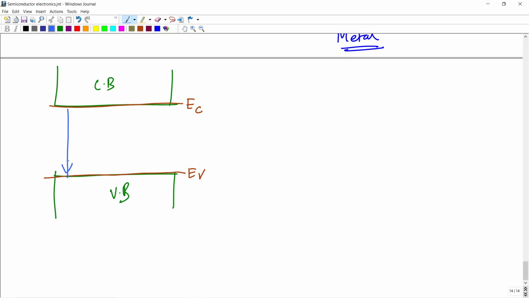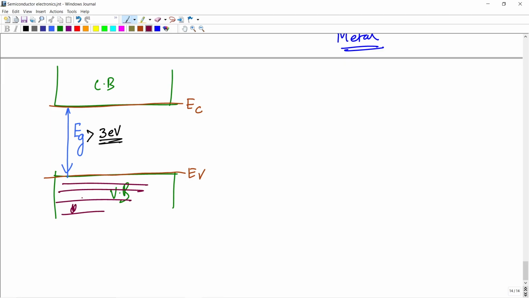This gap is the energy band gap EG, or you can say energy gap EG. Here you see that this energy gap is greater than 3 electron volts.